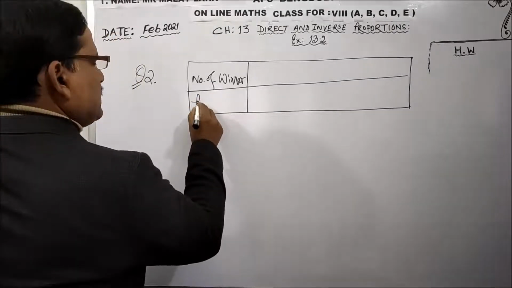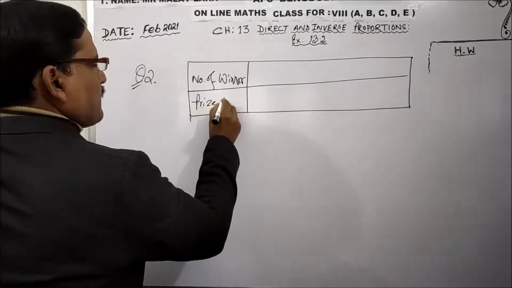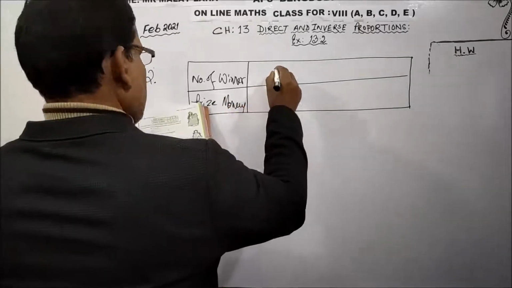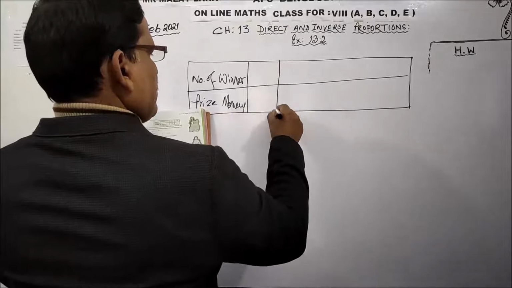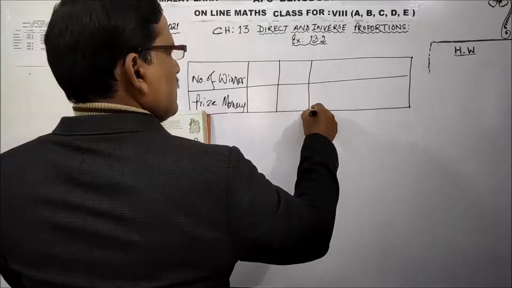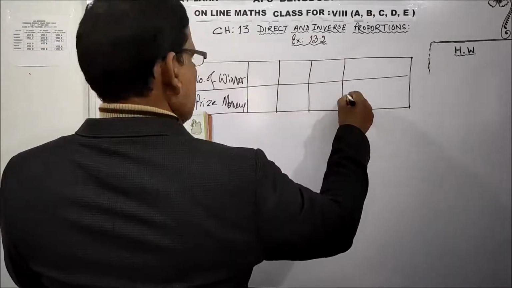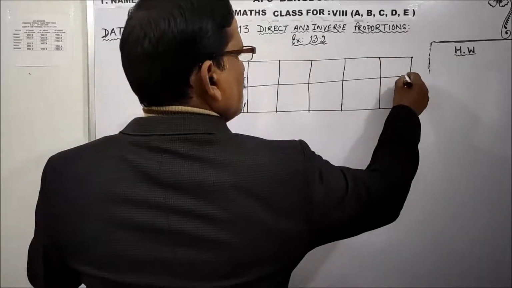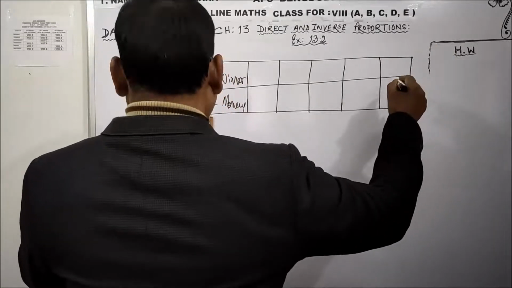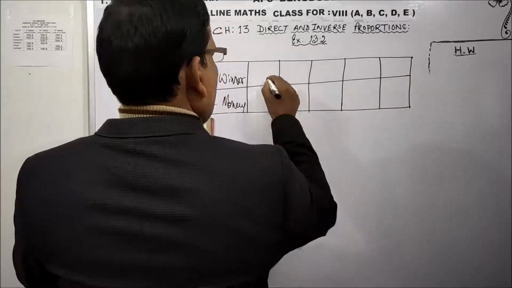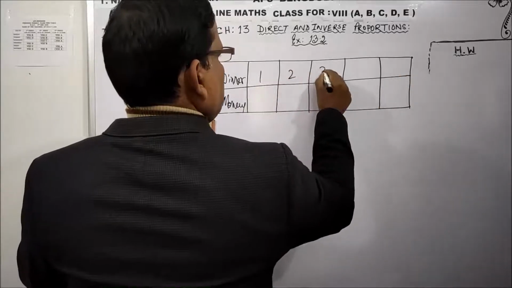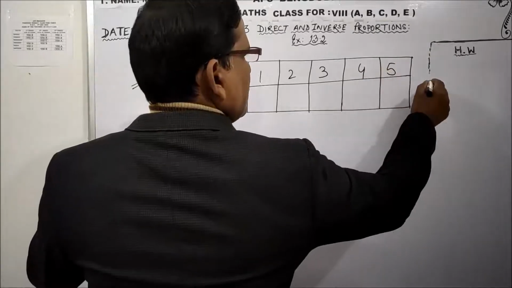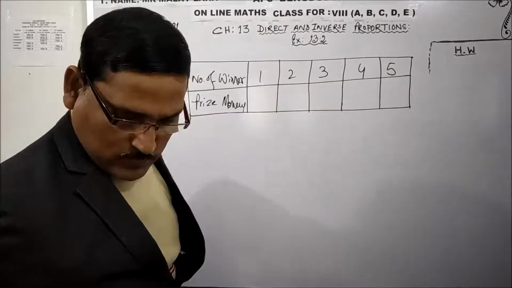The first one is 1 person, 2 persons, 3, 4, and so on, extending to 5, then 8, 10, 20.